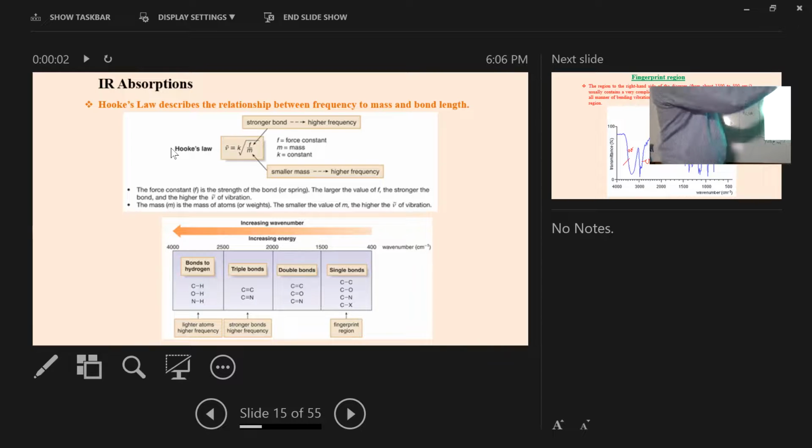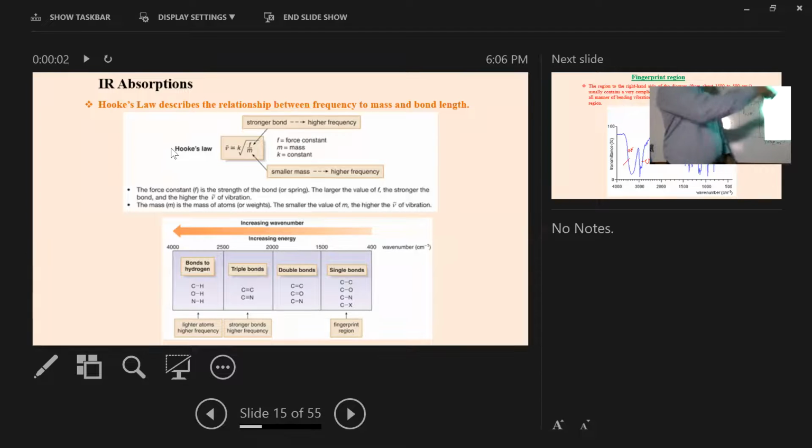F is the force constant. F is the force constant. It's a little bit difficult to see because of the quality of the display, and even the color may not be a very good choice. So here F is the force constant and M is the mass of the molecule. So frequency mu equal k, this is a constant, square root of F divided by M.